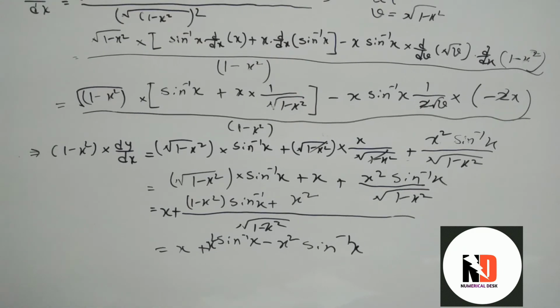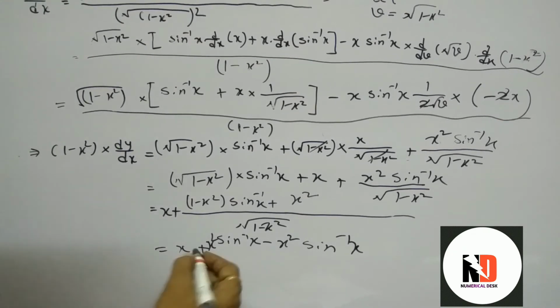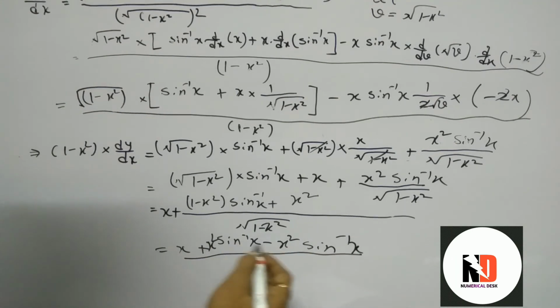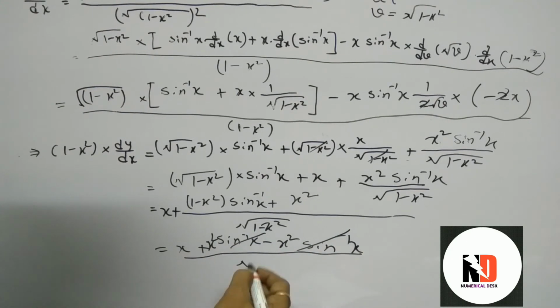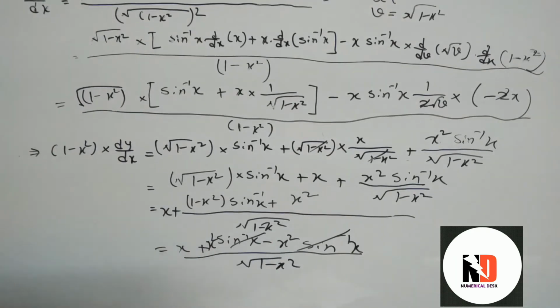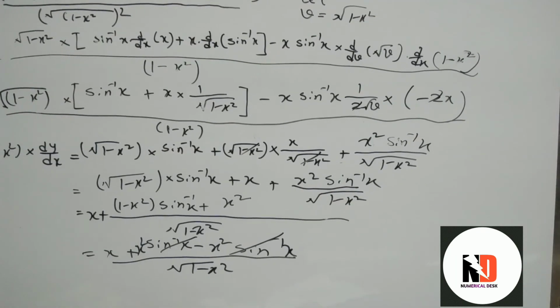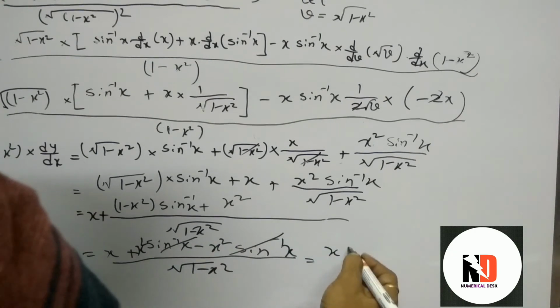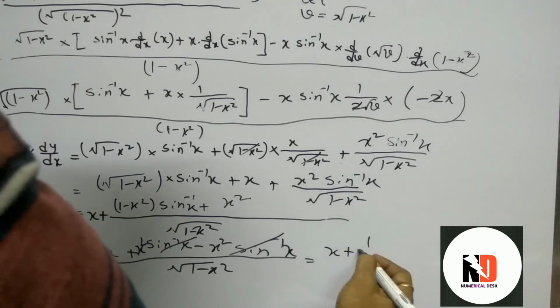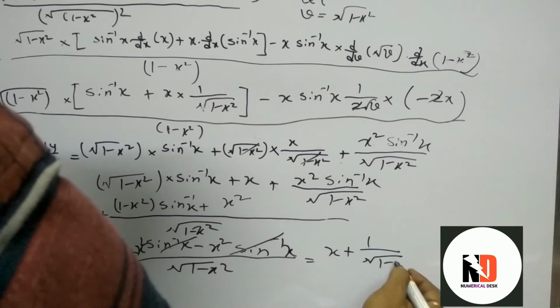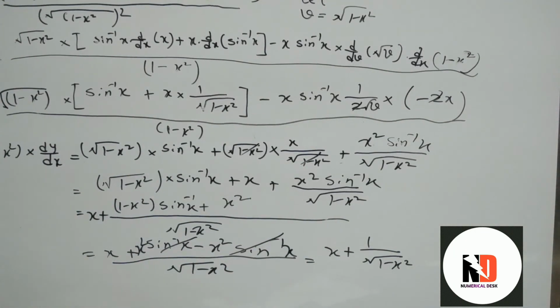Now the denominator is root over 1 minus x square, not below x. So 1 minus x square. So sin inverse x square into sin inverse x, and the sin inverse x square is gone. So the sum is done almost. This is now x plus... but see how to adjust this part.